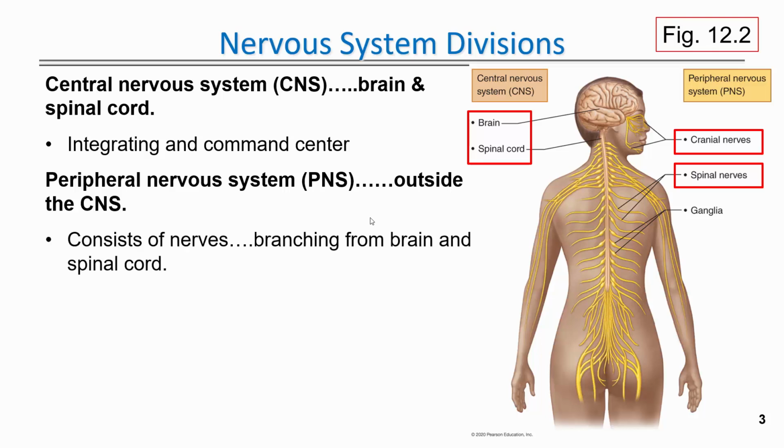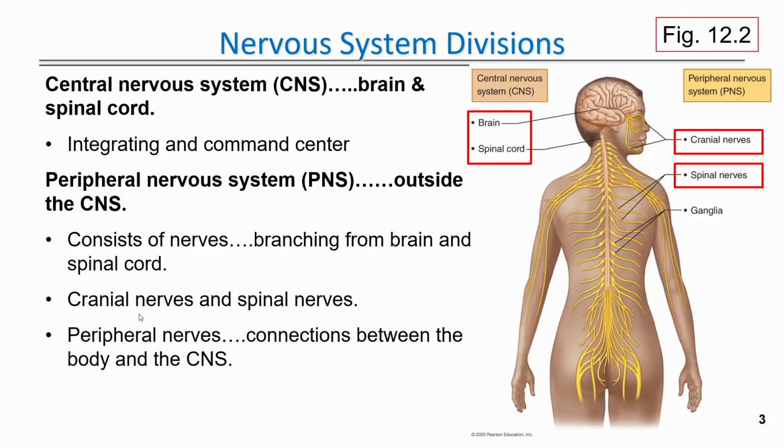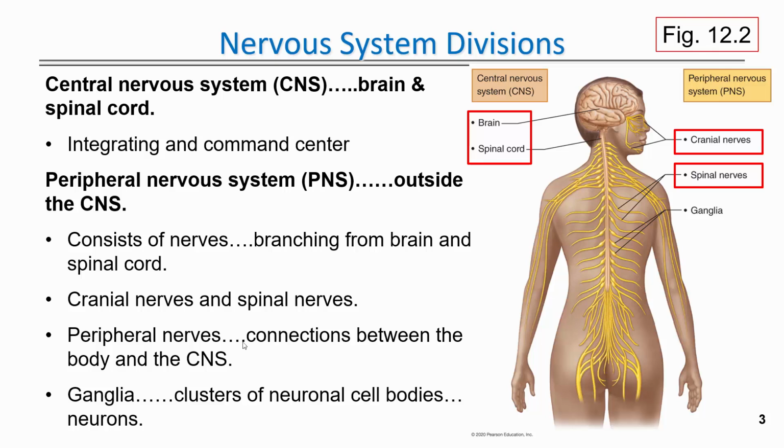And so the peripheral nervous system is composed of nerves branching away from the central nervous system, and we're talking about the cranial nerves and the spinal nerves. The peripheral nerves form connections between the body and the various organs of the body and the central nervous system.